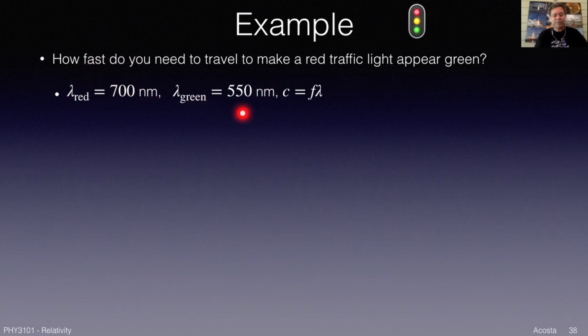And the wavelength of green light is about 550 nanometers. And recall we have the wave speed relation, frequency times wavelength is the speed of light for electromagnetic waves. Now, to make it appear green, that's going to go to a smaller wavelength, that's a higher frequency. So we need to have the car travel toward the traffic light. So traveling toward means the light is blue shifted. It goes to the blue end of the spectrum, higher in frequency.